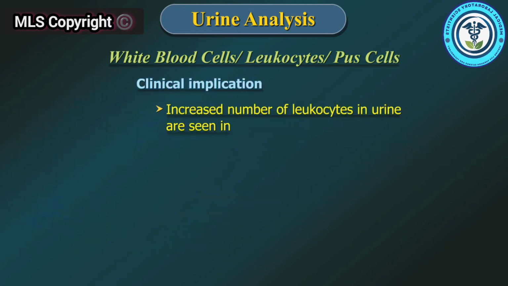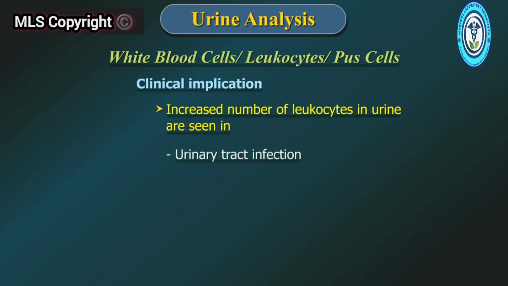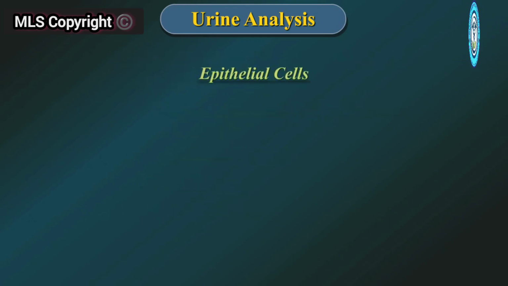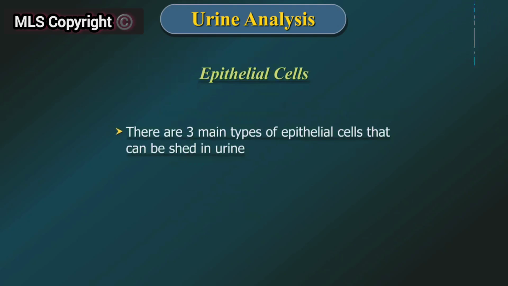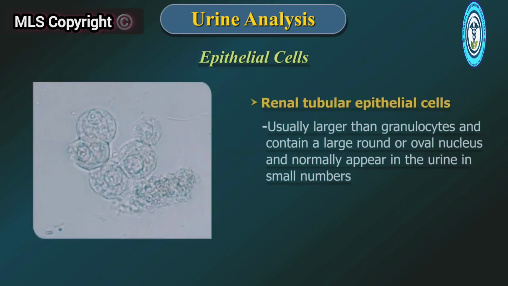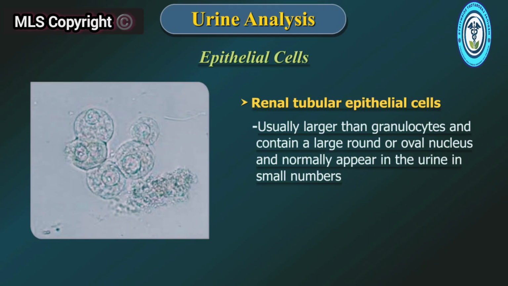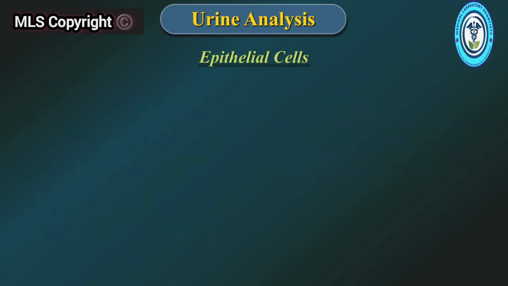Clinical implication: increased number of leukocytes in urine are seen in cases of urinary tract infection, renal diseases, bladder tumor. Epithelial cells. There are three main types of epithelial cells which can be shed in urine: the renal tubular epithelial cells, which are usually larger than granulocytes and contain a large round or oval nucleus and normally appear in the urine in small numbers.